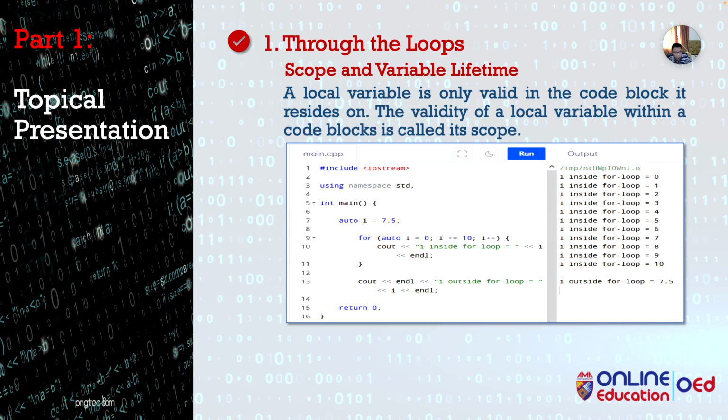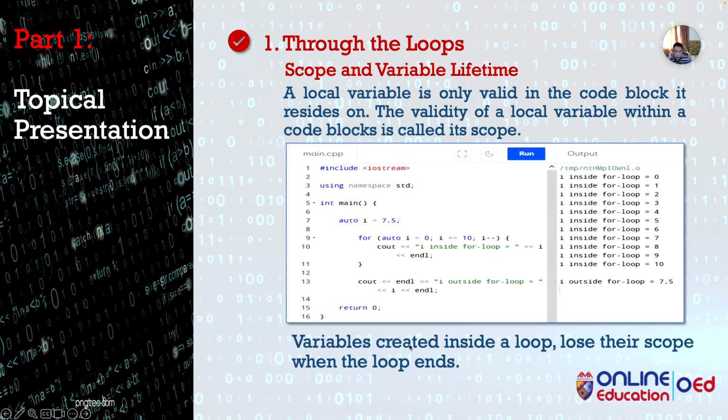So since the loops we learned so far are essentially code blocks, we need to know that the variables created inside the loop lose their scope when the loop ends.